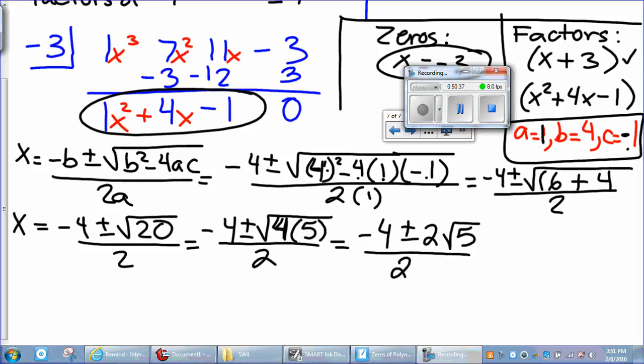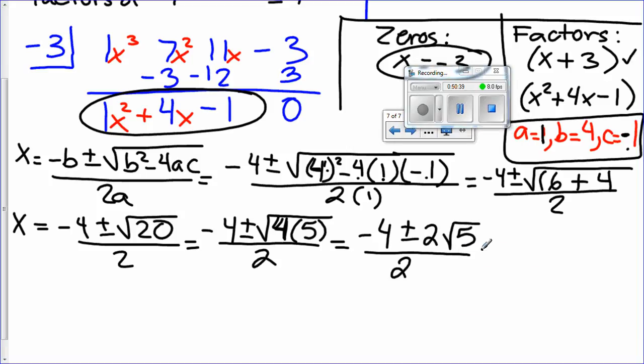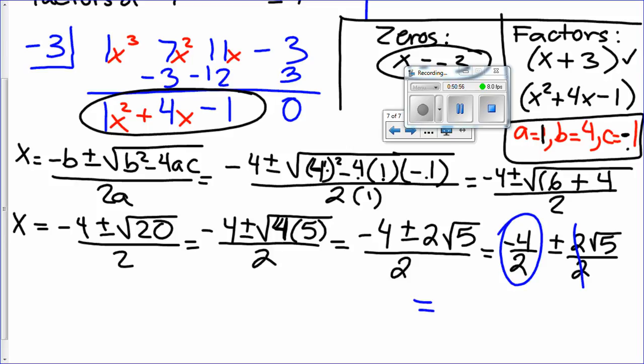Now, what this means is that the 2 actually divides the real part, but it also divides the imaginary part. And so right there, you can see the 2's will cancel. What do we get if we divide negative 4 by 2? Negative 2. And then here, we will have plus minus 2 divided by 2 is 1, so we still say 1 square root of 5.